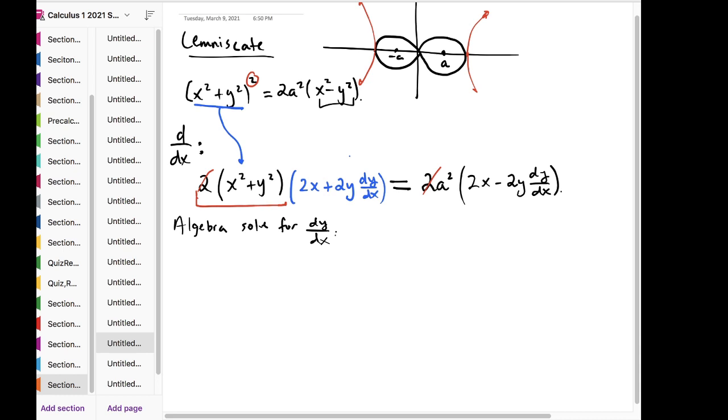Why would I need to distribute? What's the goal? How do you solve for a term? I jumped the gun by saying to distribute. How do I solve for dy dx? What would your steps be? What would your main goal be?